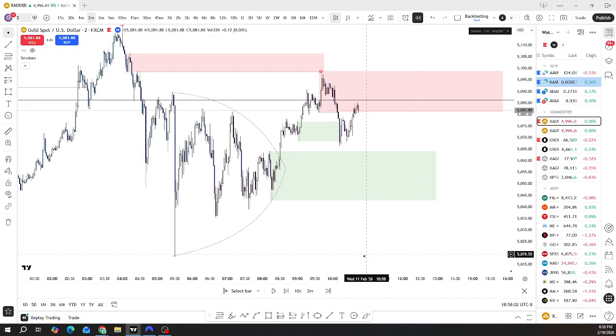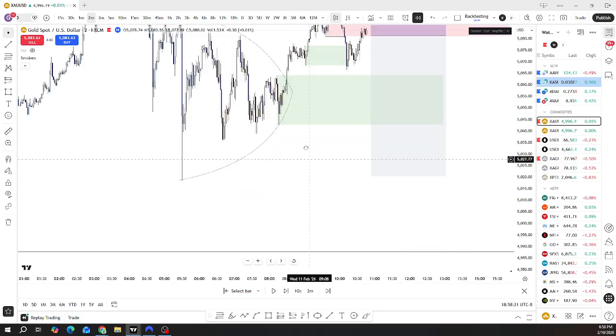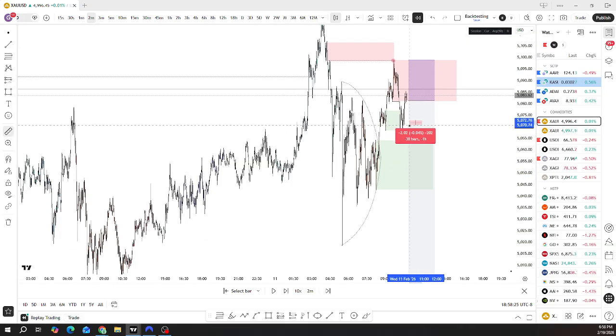So when price came back up and mitigated that supply after disrespecting this trap zone, I entered right here, targeting this range low for a 5.29.